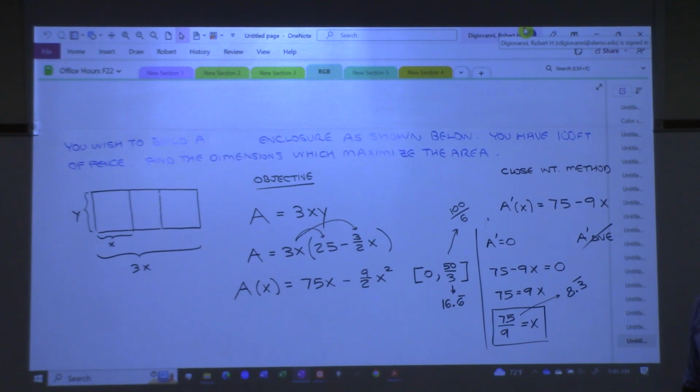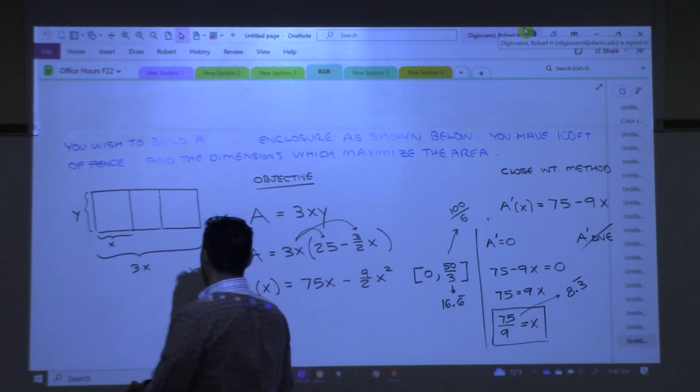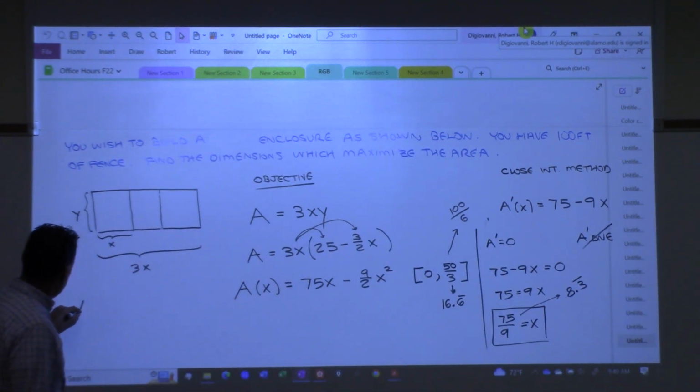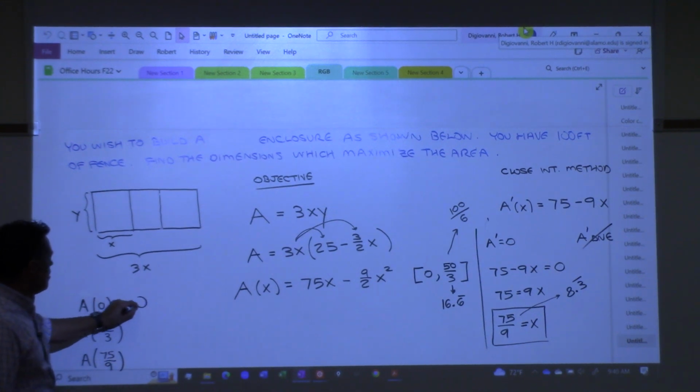Are we done? No, we have to verify that that's a max. So what we're going to do now is take the original function A, plug in 0, and plug in 50 over 3. That's the two endpoints. And then plug in 75 over 9. Now, I already know that I'll get 0 here and 0 here.